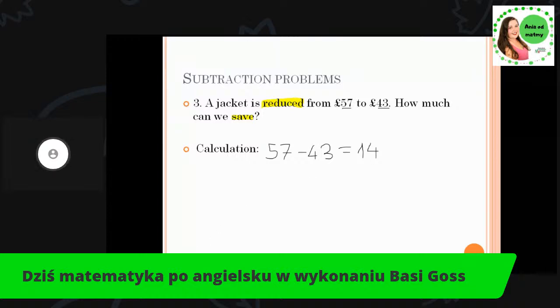Remember, always check your calculation, and for checking subtraction, we're going to use addition. So the check is 14 plus 43 equals 57.